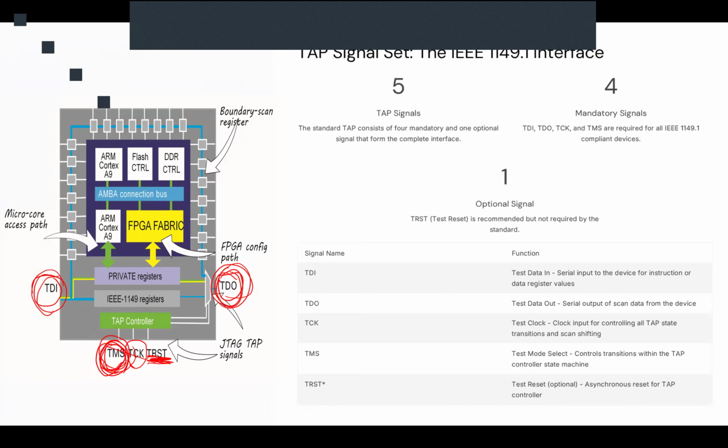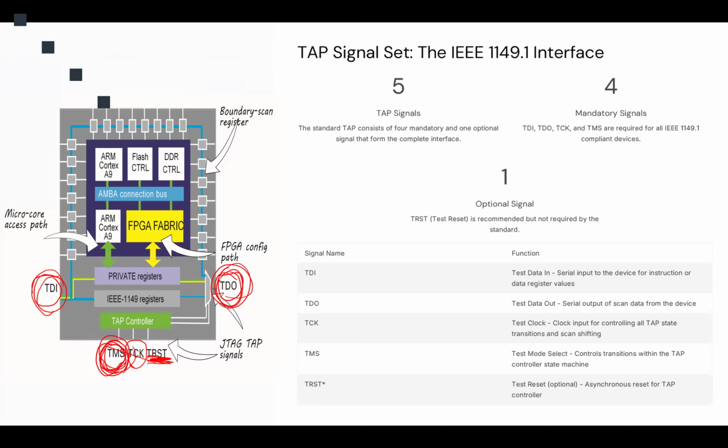Now, why are these important? These pins are 4 and/or 5. The fifth one is optional. They are extra pins inserted into the chip, so these 4 or 5 pins do not work with the core logic. They are extra pins connected to those chips, so we have observation and testability.